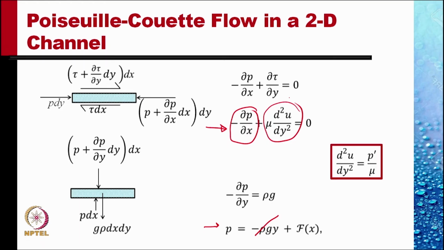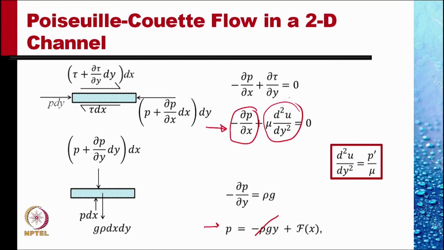And so we can equate the two. Del P by del x is replaced by P prime, and we get del square u by del y square is equal to P prime by mu, which is a constant.